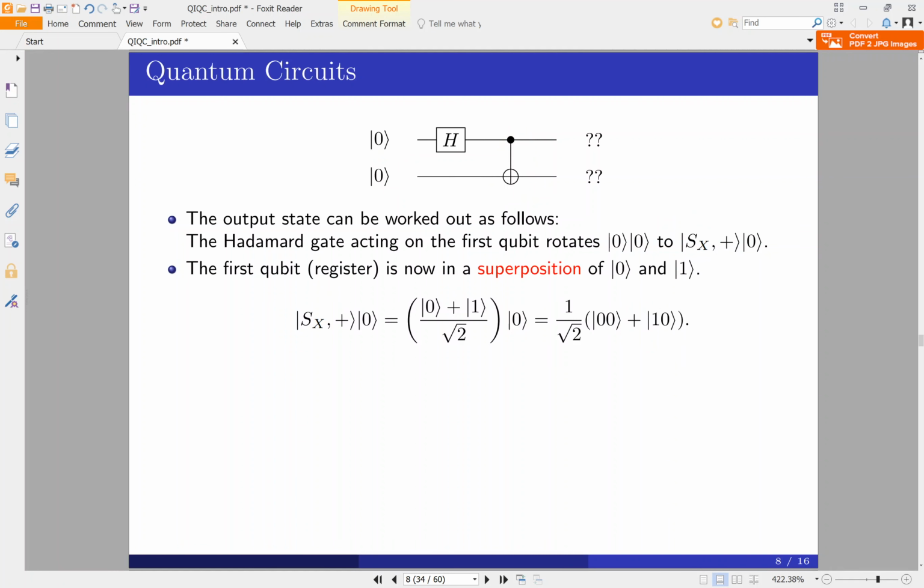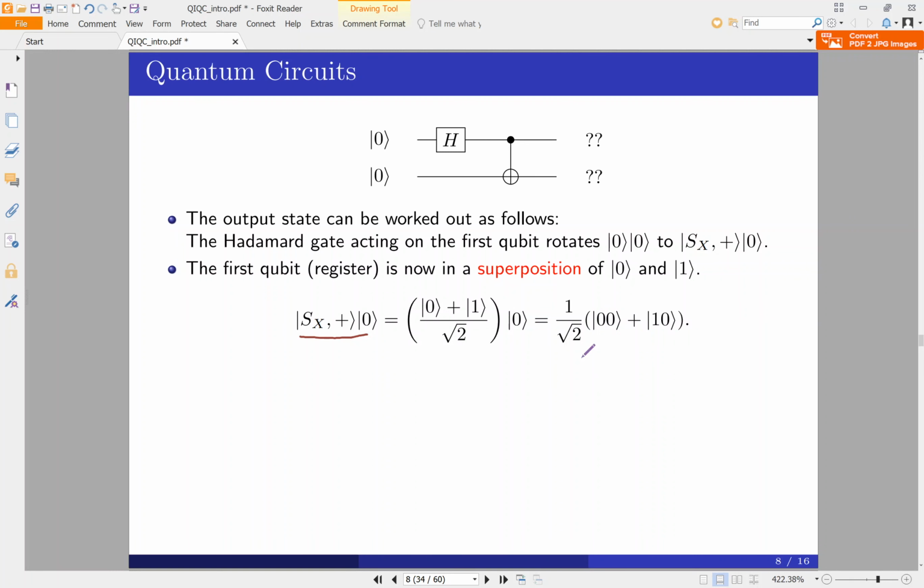So we've gone from just 0, 0 to Sx plus 0, which is nothing but 0 plus 1 by root 2, 0. So the first register has now been thrown into a superposition. I can expand this state out and write it as 0, 0 plus 1, 0. Note how I'm going back and forth between the two notations, where I explicitly separate out the 2 qubits here, and I can also write out the label within a single ket, right? And it doesn't matter here.